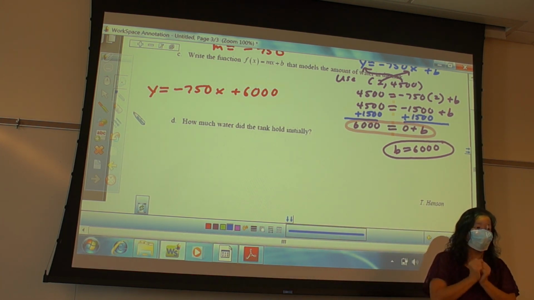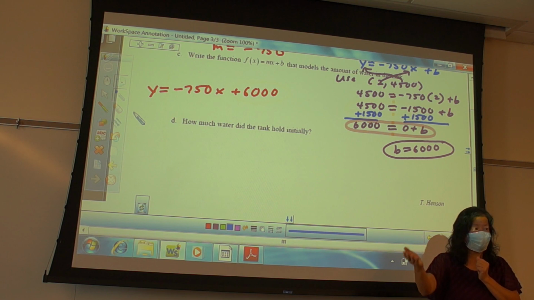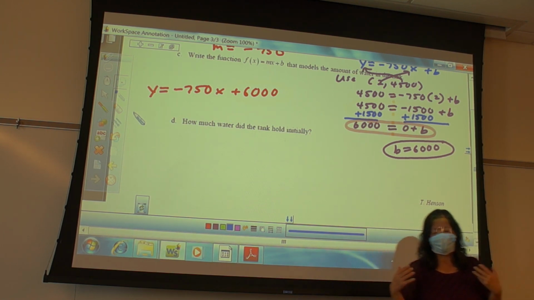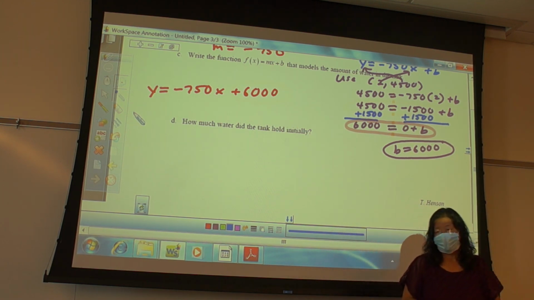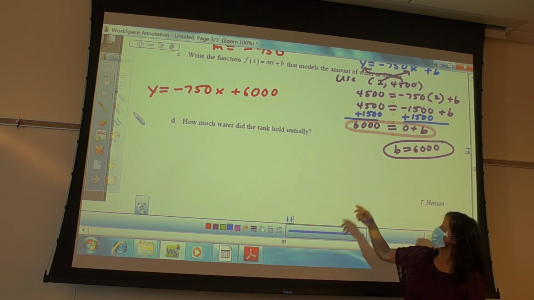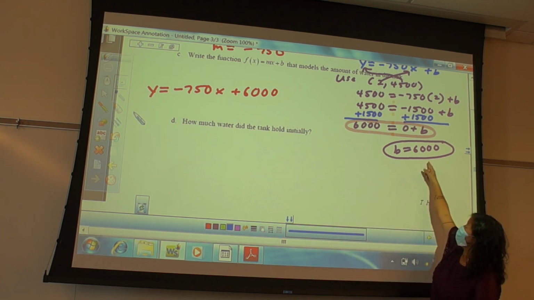It means when x is 0. So when x is 0, how much did I have? 6,000 gallons of water. So think of the y as my answer, my result. So when x was 0, my answer was b, 6,000.